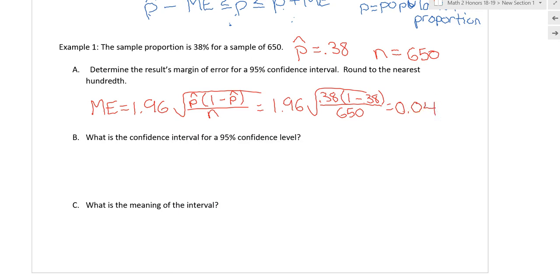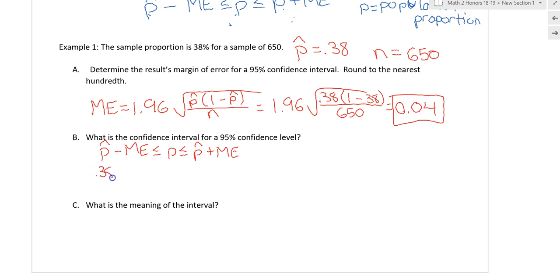So this is our margin of error. Looking at letter B, the confidence interval, remember, is p hat minus your margin of error, less than or equal to p, which is less than or equal to p hat plus your margin of error. Again, you're subtracting and you're adding.